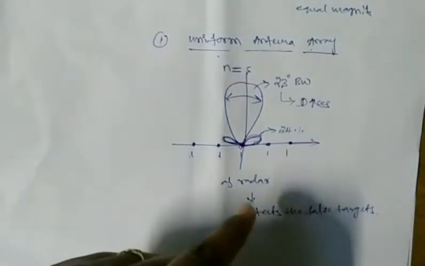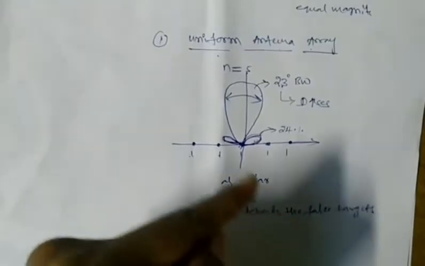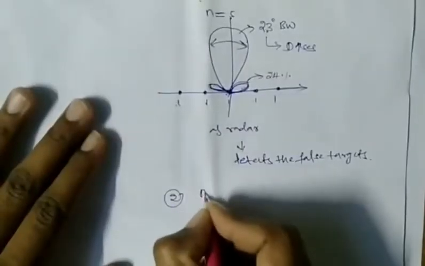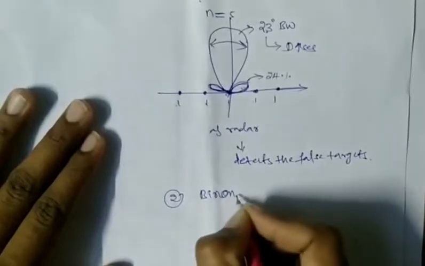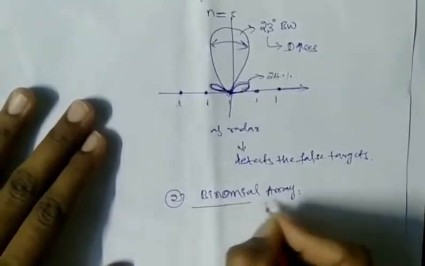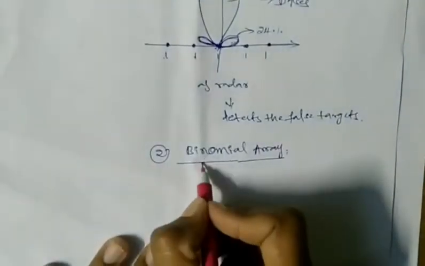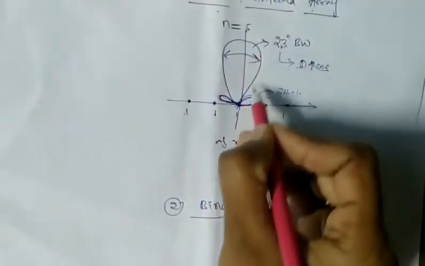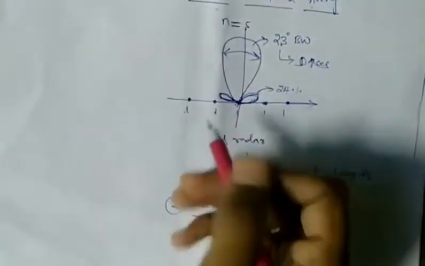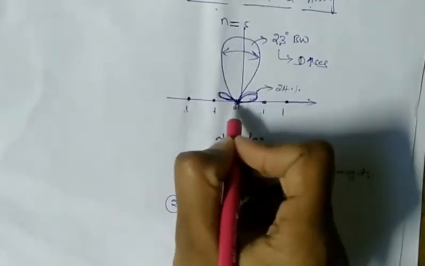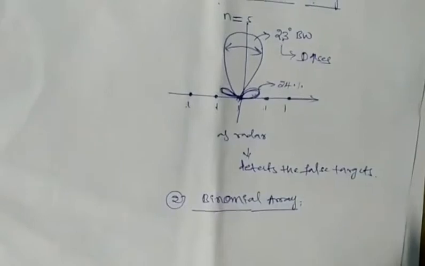For that purpose, we have to design another antenna array, that is the non-uniform amplitude distribution antenna array, or binomial array. In this binomial array we achieve the major lobe only, and we reduce or minimize the minor lobes, or completely eliminate them.